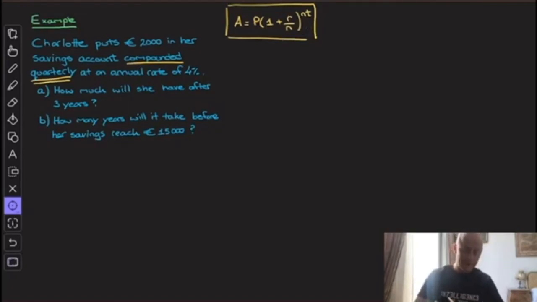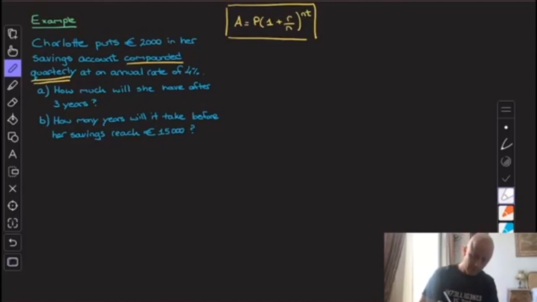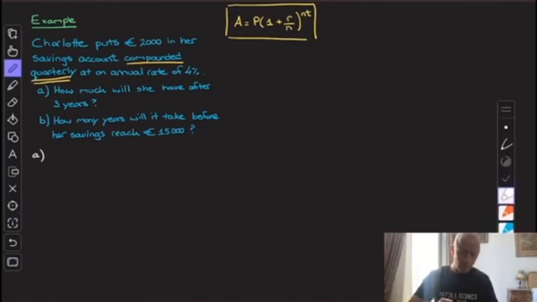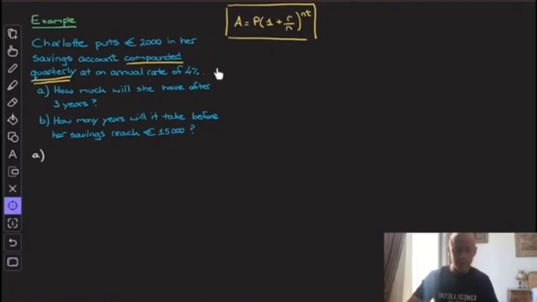Now, with that said, if I now answer the questions, so I'll go through these. For question A, how much will she have after 3 years? Well, again, now that I've established that it's compound interest, this is the formula. So all I have to do really is replace everything I can inside this formula by what I'm given in the question, as well as what I'm given in question A, so 3 years.